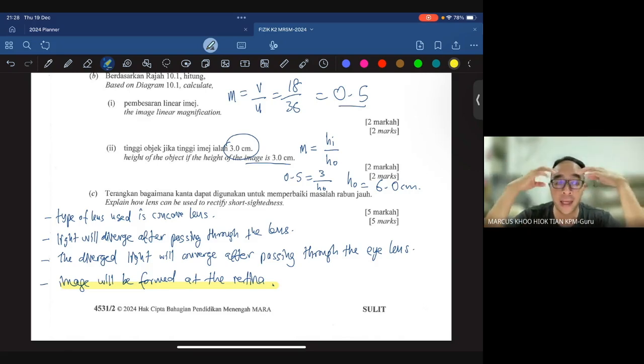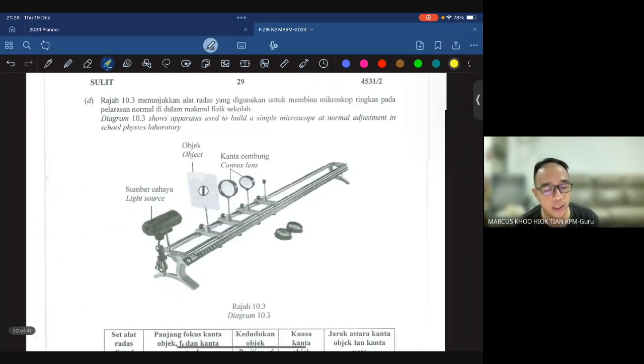The actual physics you need to know is point number 2 and point number 3. The first point and the fourth point are from lower form science. So we cannot forget what we have learned in the past, so that we can do better in the future. Today's moral lesson.